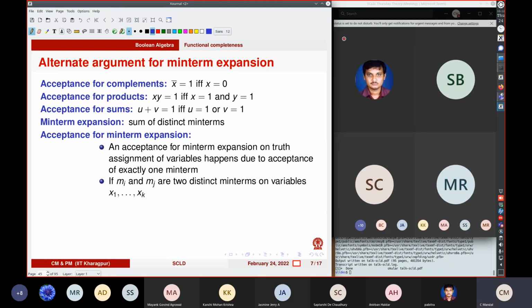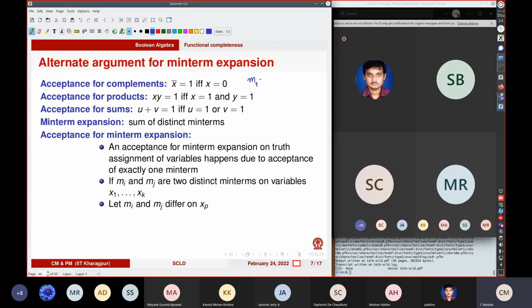So now, if you consider two distinct min terms, mi and mj, on the variables, let us say x1 to xk. These two are distinct, so these must differ in some variables. So you have m1, sorry.